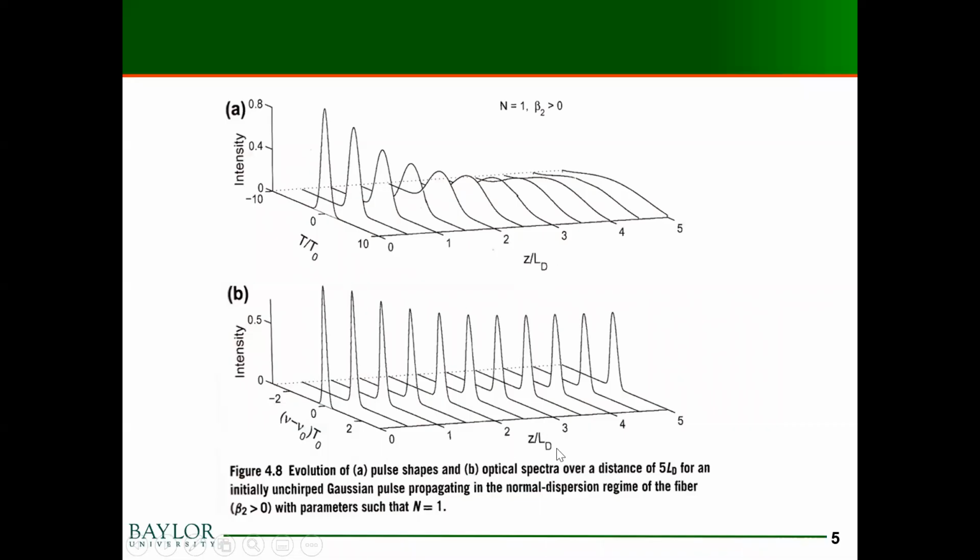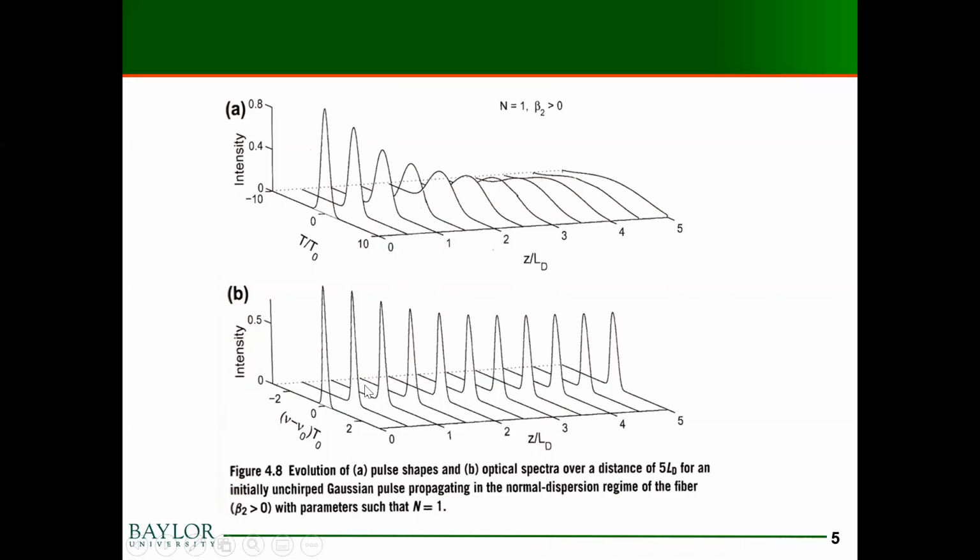As we propagate, we can see this is one dispersion length, two dispersion lengths, 3, 4, right? That's similar to what we plotted previously, but now in an evolution way.